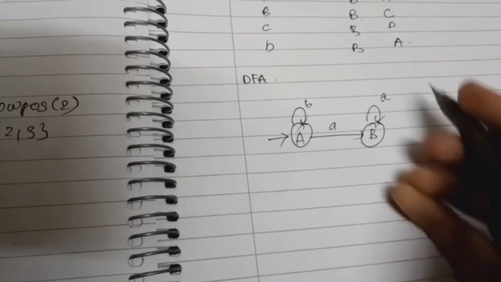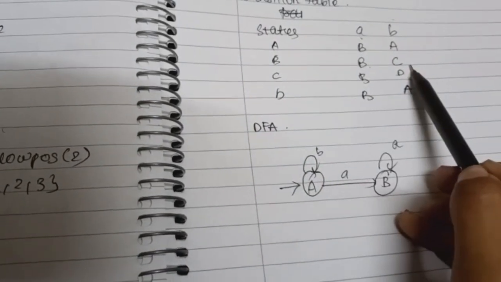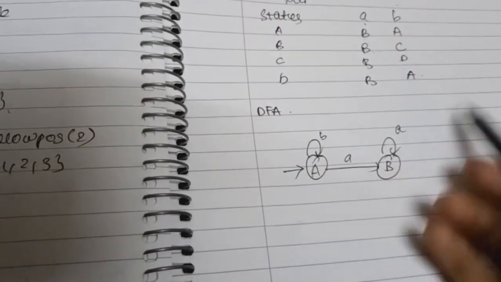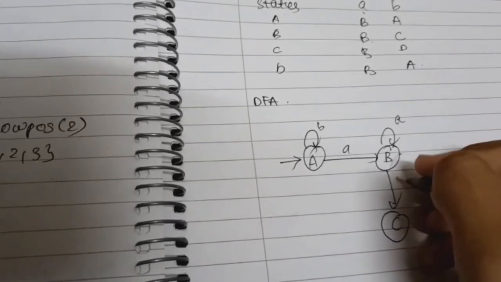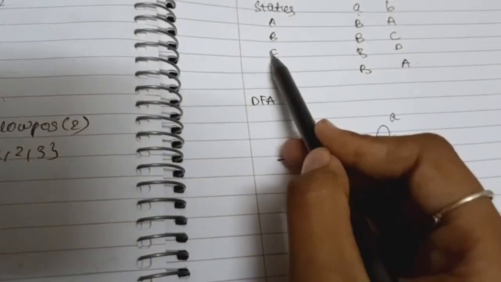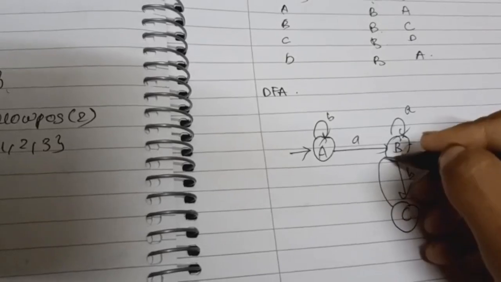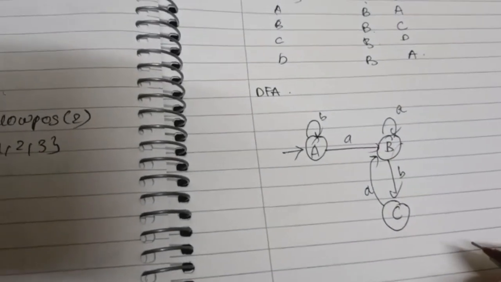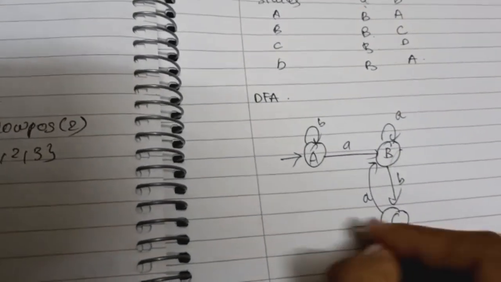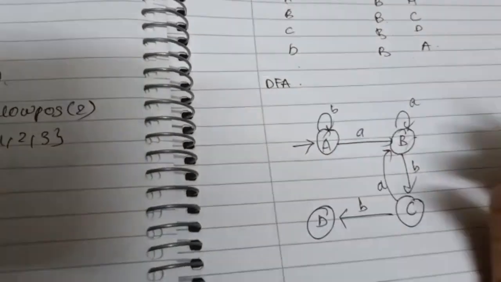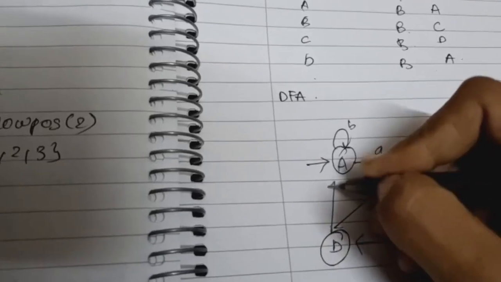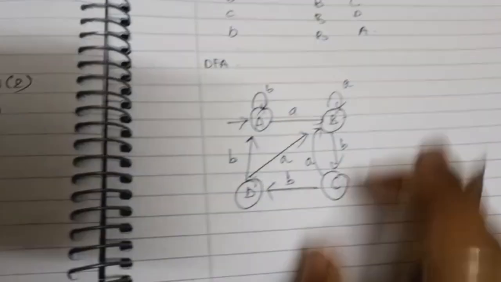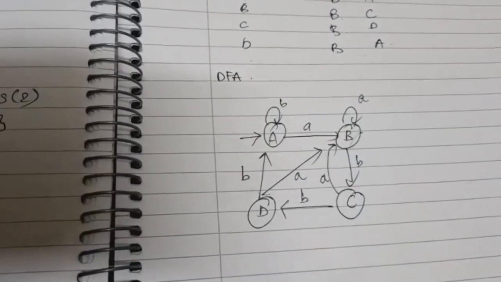And from B we can go to C with B as an input symbol. Then from C to B using A as an input symbol. From C to D using B as an input symbol, and from D to B using A as an input symbol, and to A using B as an input symbol. So this is my DFA.